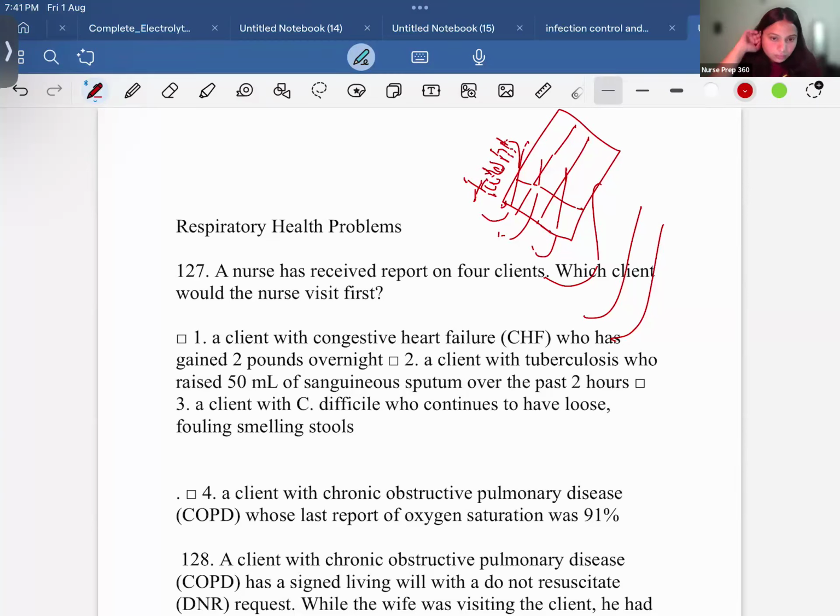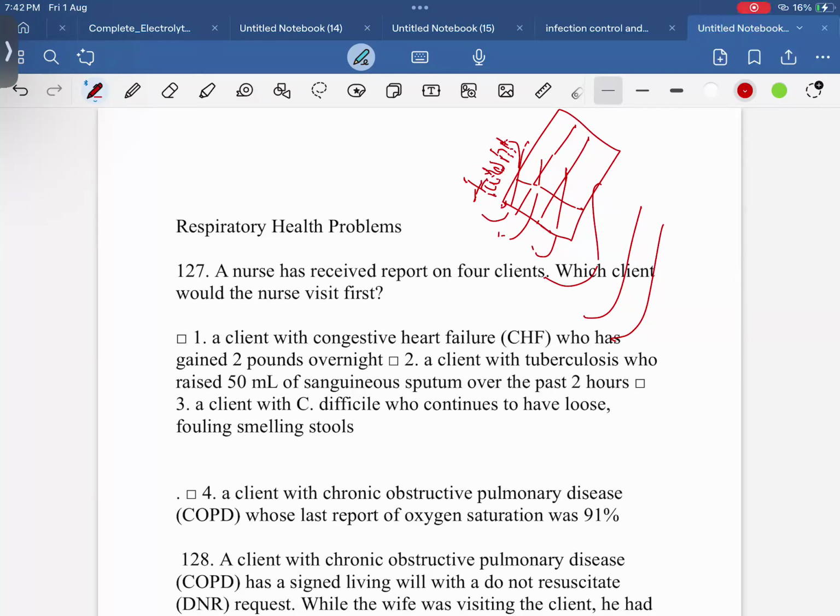Very good. Now tell me, among these, what is normal? What do you think is normal for you? I'm not asking about the chances of bleeding in tuberculosis disease. I'm asking you, which is expected and normal?